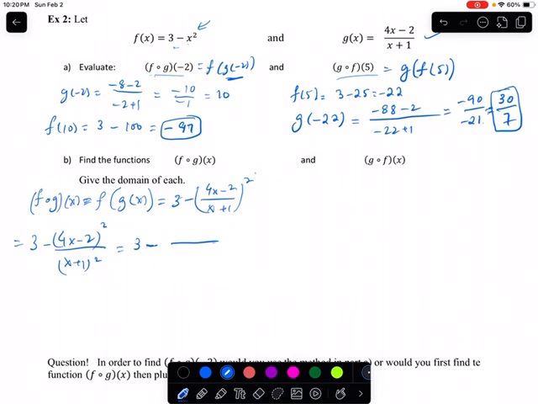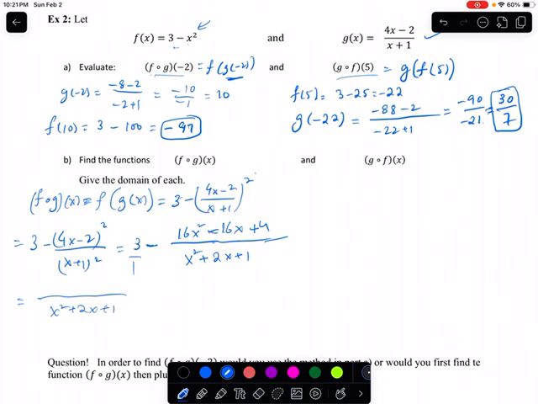So I get 3 minus, and on the top here, 16x squared minus 16x plus 4. That's the top, and the bottom is x squared plus 2x plus 1. Now taking the common denominator, because this is 1, the common denominator is x squared plus 2x plus 1.